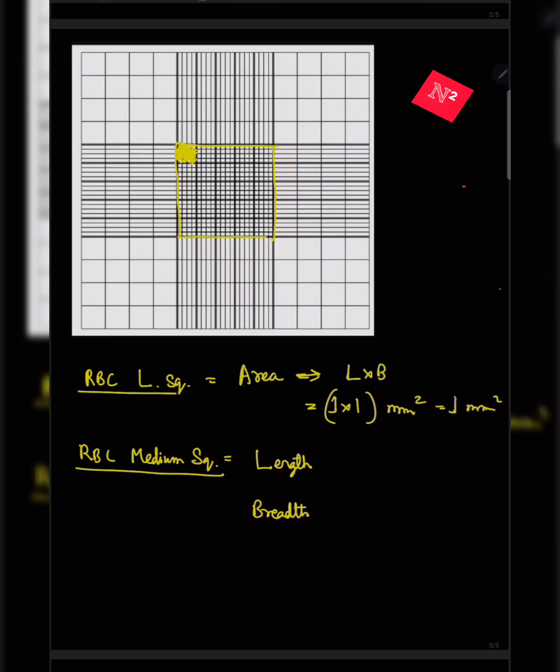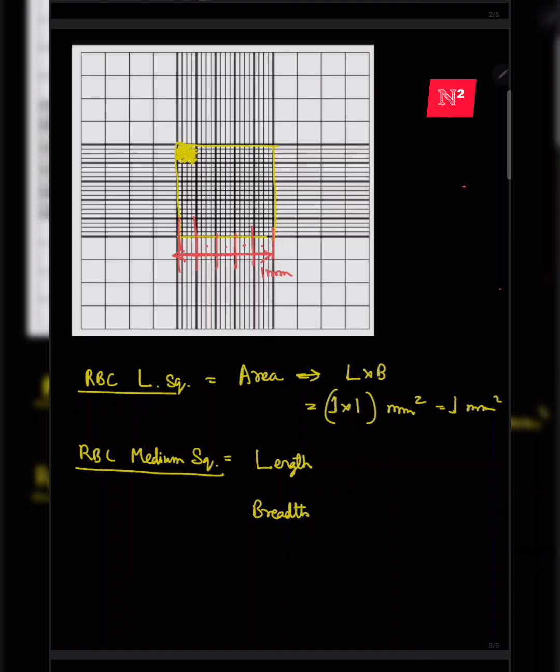I've told you this grid has a length value of 1 millimeter. If you can see, the triple lines are dividing this grid length into 5 equal parts: 1, 2, 3, 4, 5.